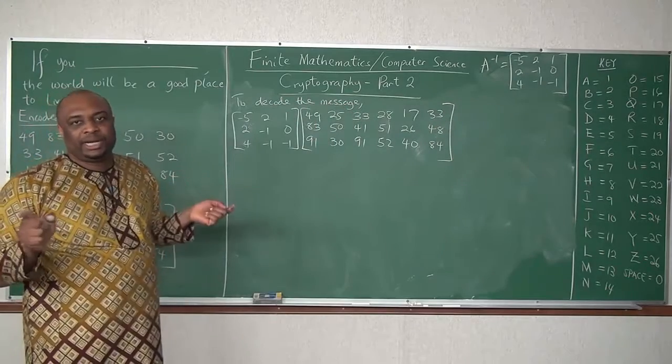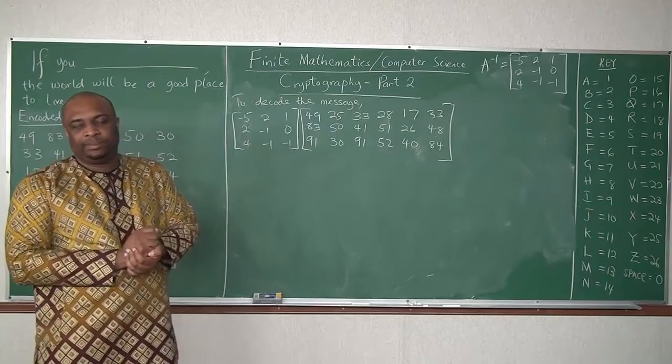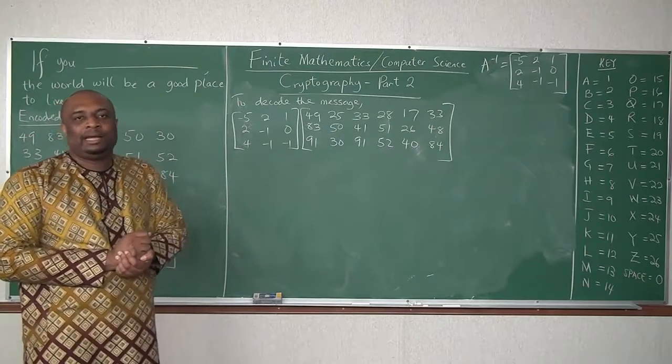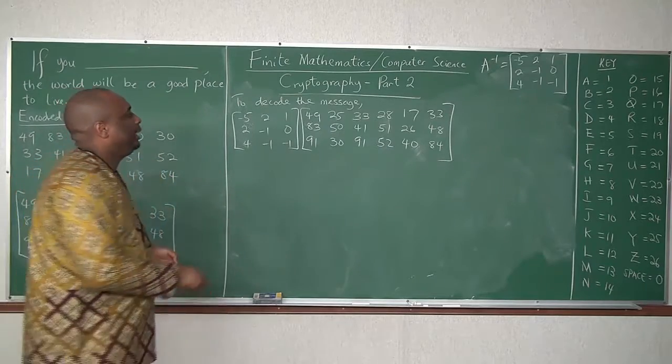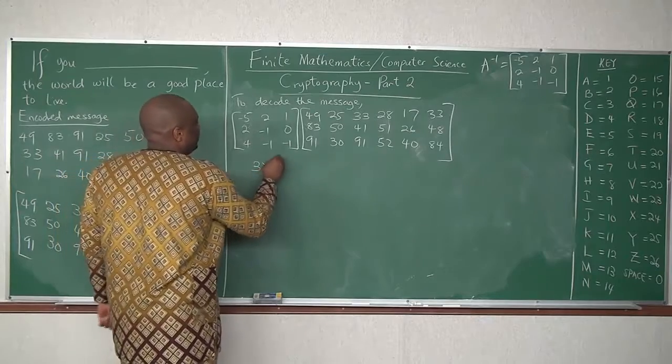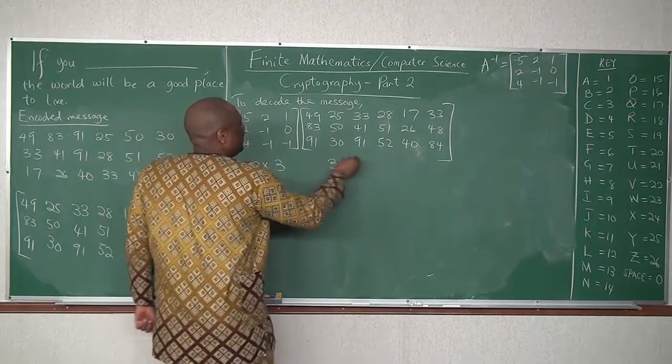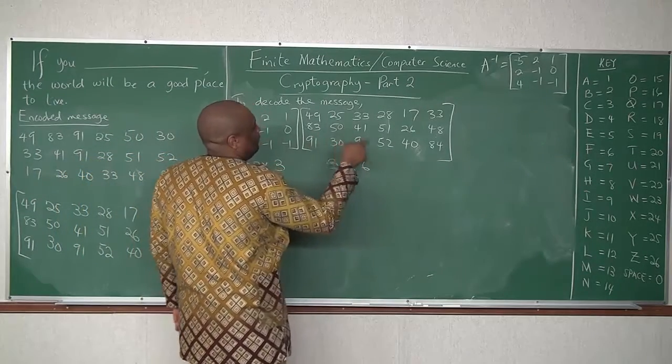Now, let's check the conformability for multiplication. Let's see whether they can multiply themselves anyway. This is a 3 by 3, and this is 3 by 6, 1, 2, 3, 4, 5, 6.